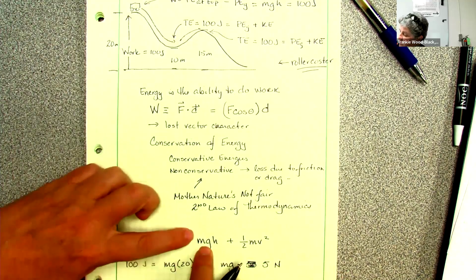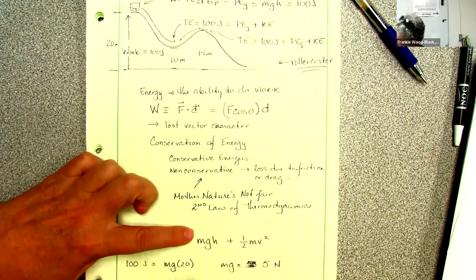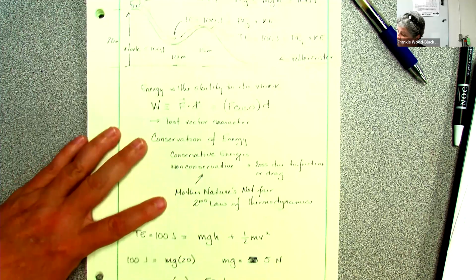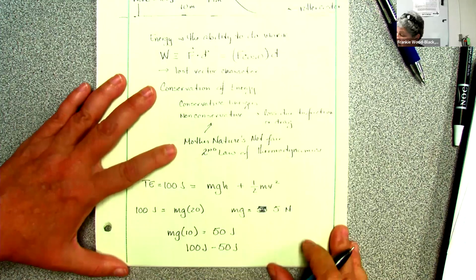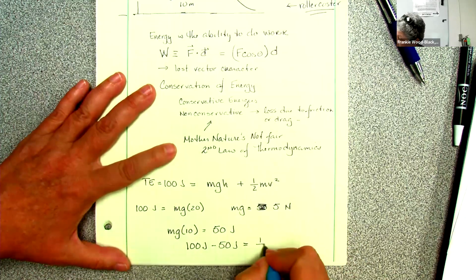So now if I do this part, my mgh, which is now 10, that's going to equal 50 joules. So 100 joules minus 50 joules is equal to 1/2 mv squared.